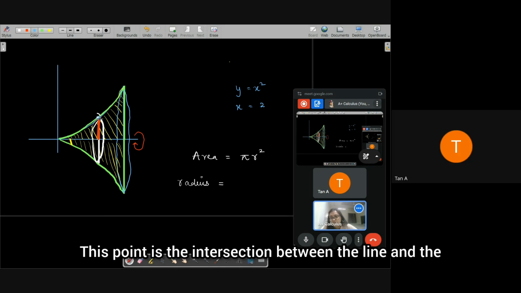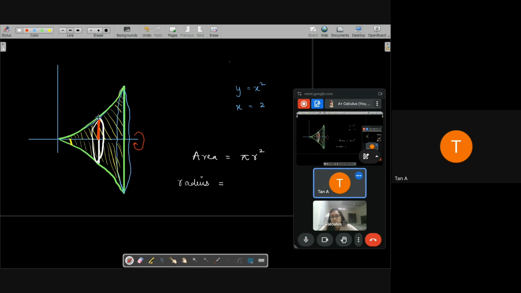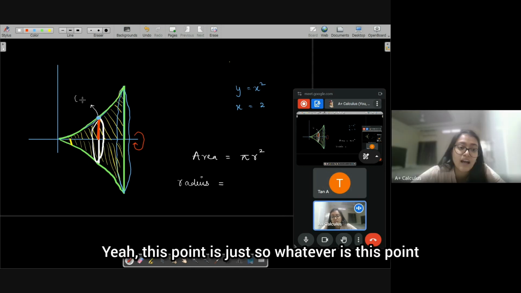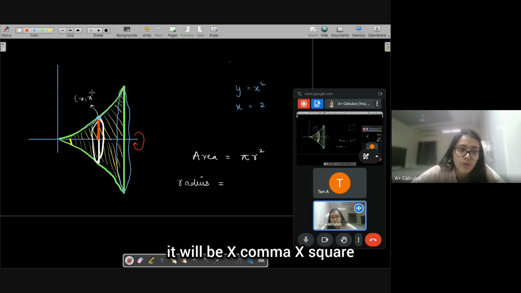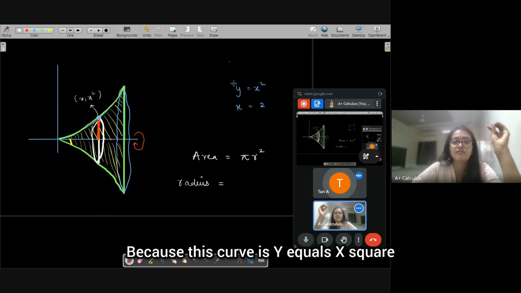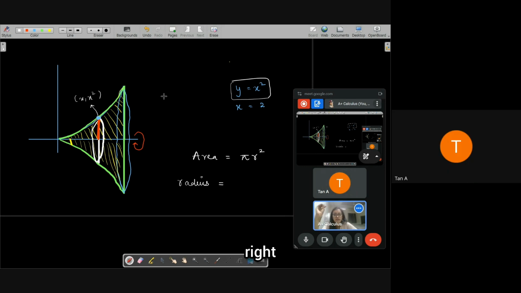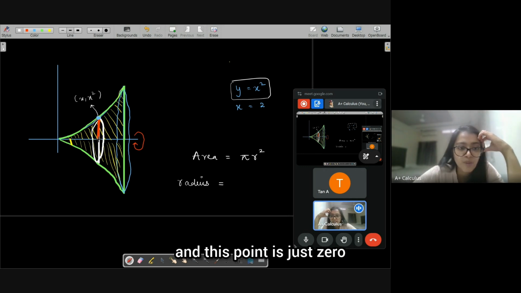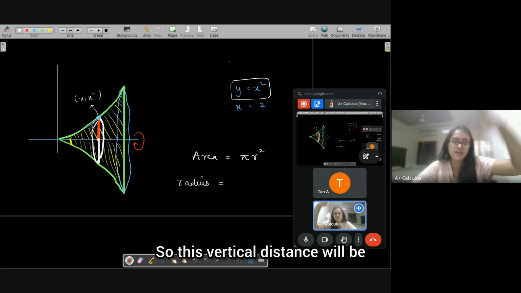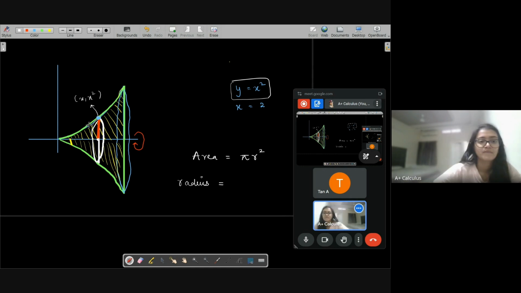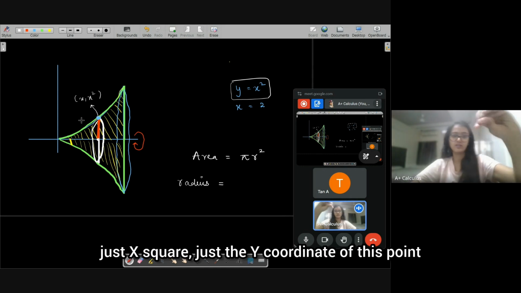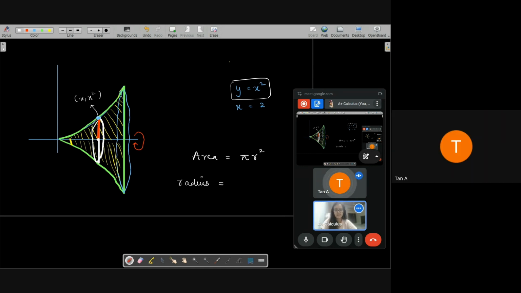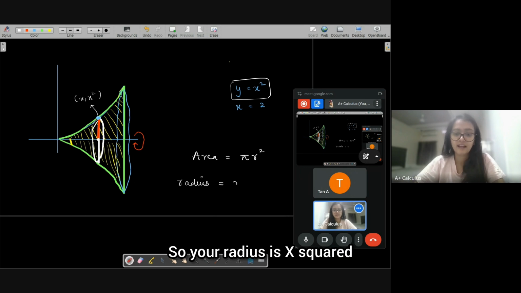This point is the intersection between the line and y equals x squared. So whatever this point is, it will be (x, x squared), because this curve is y equals x squared. The y coordinate will be x squared, and this point is just 0. So this vertical distance will be just x squared, the y coordinate of this point. So your radius is x squared.